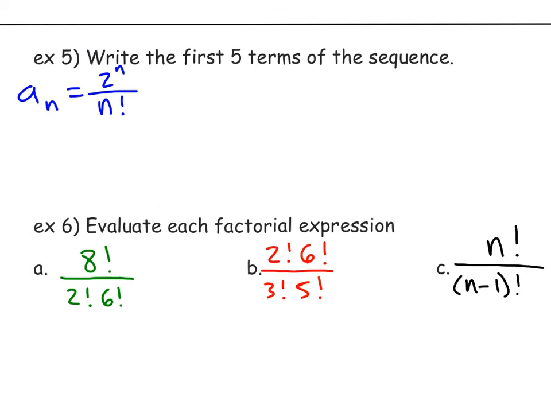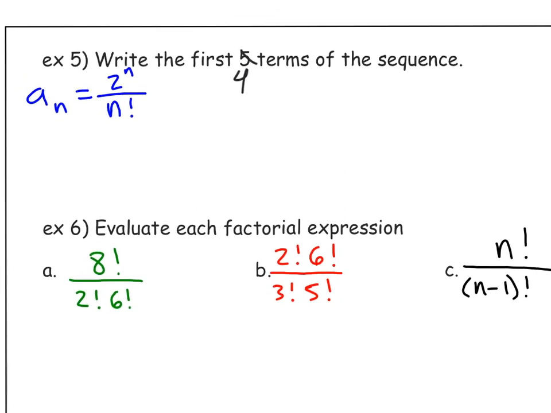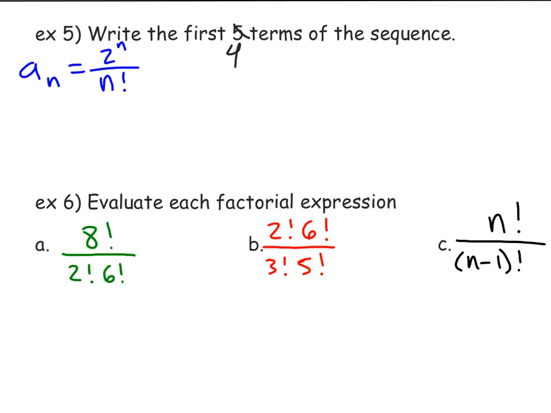This one I don't feel like doing the first 5. Let's do the first 4. Top would be 2. 1 factorial is just 1, so the first term of this sequence.